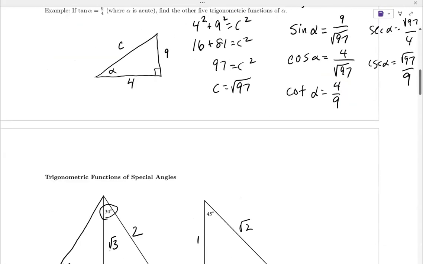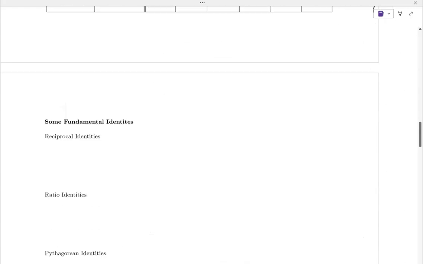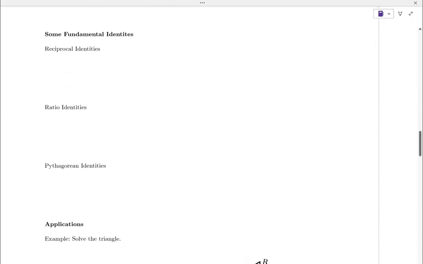All right. So actually, I want to summarize these properties in this one here. So we have different types of identities. So identities are different, so to speak, than other types of equations that you've dealt with before.